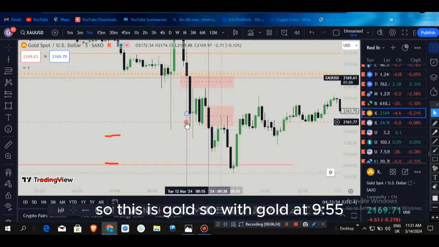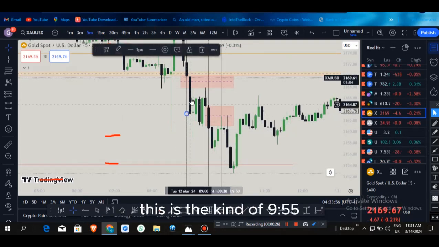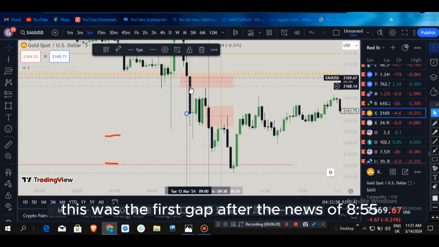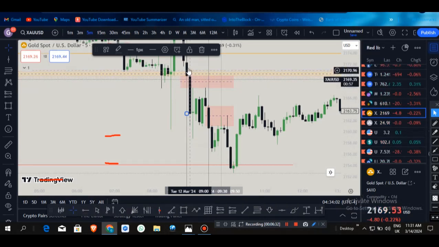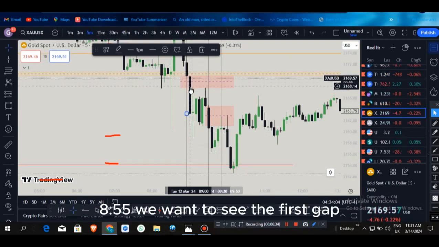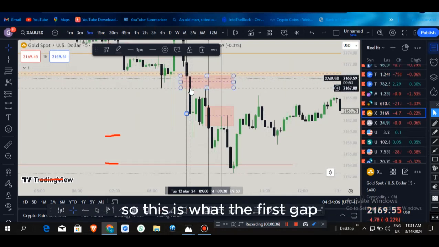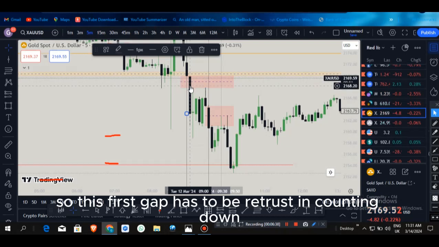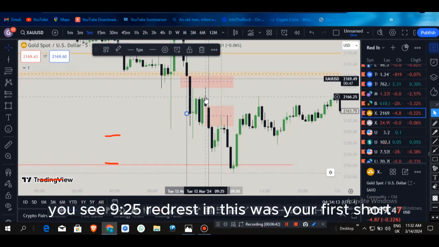At 9.55, this is the candle for 9.55. This was the first gap after the news of 8.55. We want to see the first gap. This first gap has to be retraced, counting down. You see? 9:35 retraced in. This was your first shot.